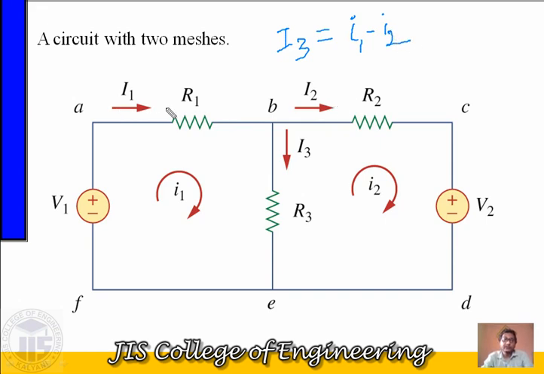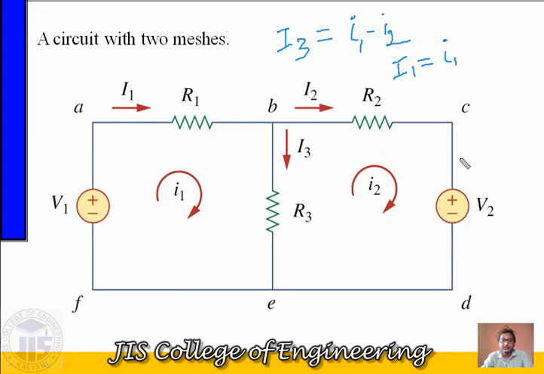Similarly, if you want to calculate capital I1, the branch current, it means the current through the resistance R1. Which loop current is there? Only the I1 loop current is there, and the I1 loop current is left to right, and the capital I1 branch current is also left to right. So the I1 branch current is equal to the loop current I1.